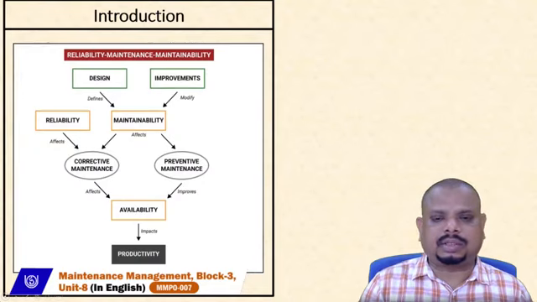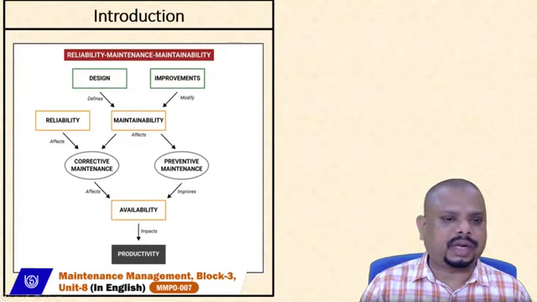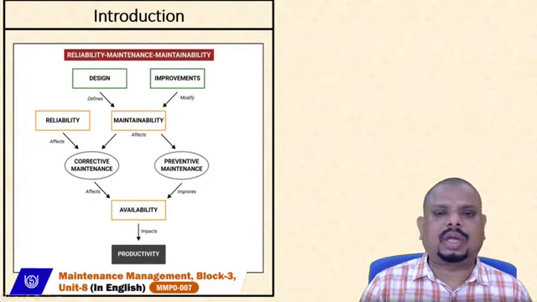In case of reliability, the mean time between failures affects the strategy implemented for maintenance works. For example, we have corrective maintenance and we are also implementing preventive maintenance. Corrective maintenance affects the availability of machines, but preventive maintenance will improve the availability of machines.